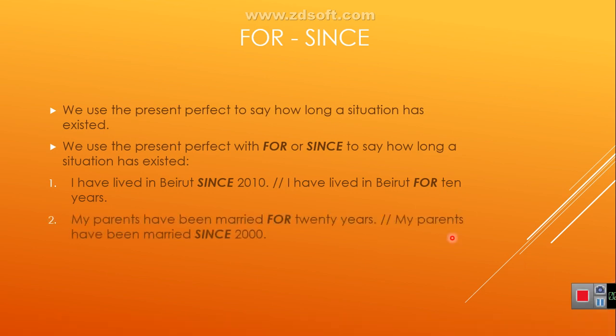Second example. My parents have been married for 20 years. My parents have been married since 2000. The verb here is have been in the present perfect with for or since to say that they got married 20 years ago or in the year 2000 and they're still married till now.